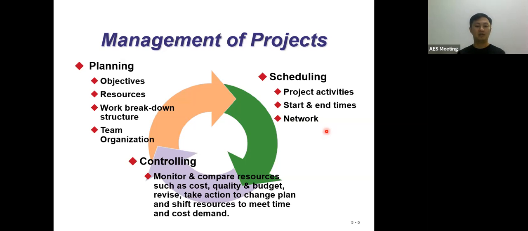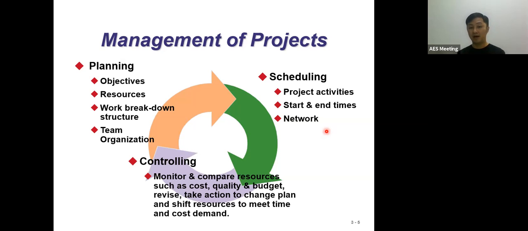Otherwise, companies will have difficulties and suffer from waste. So some corrective action or changing of the plans might be required to make the resources more useful to the maximum. That's why controlling comes into the picture.